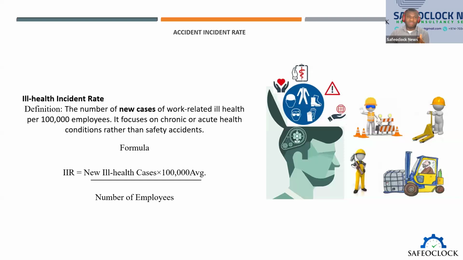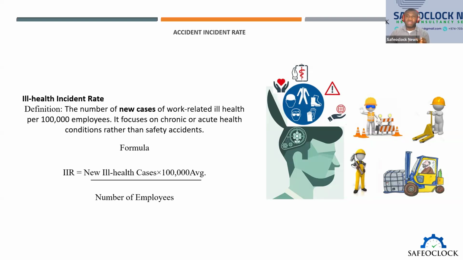So those are referred to as work-related ill health. So the ill health incident rate is the number of new cases of work-related ill health reported per 100,000 employees. Remember, the multiplier factor we are using here is the UK Health and Safety Executive factor, which is 100,000. It usually focuses on the chronic or acute health effects rather than the safety of the incident number.